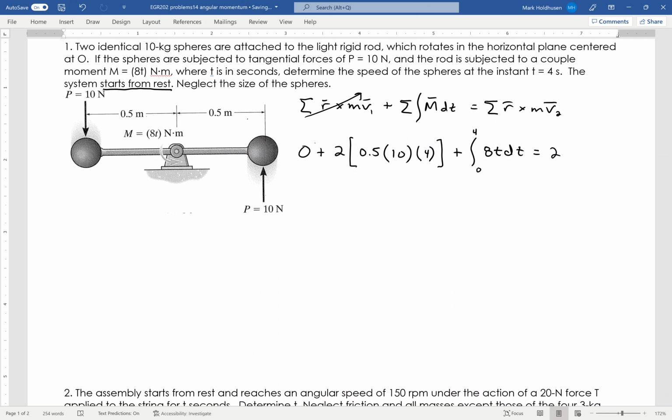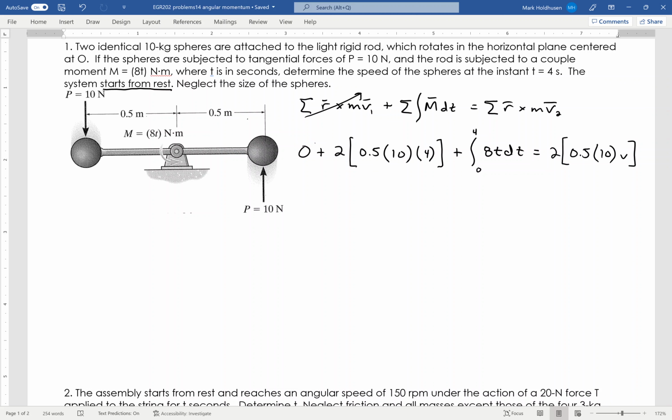And it's basically r m v. I've got 2 times 0.5 times 10, and then their velocity is really what I'm trying to find there. So again, it's 2, because I got 2 of them, r m v, where r is 0.5, m is 10 kilograms, and v is v.